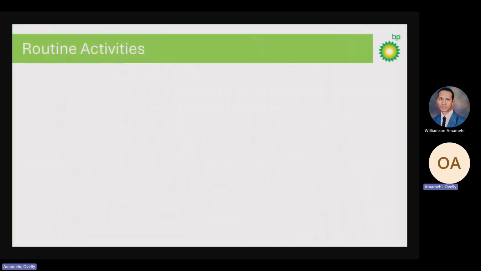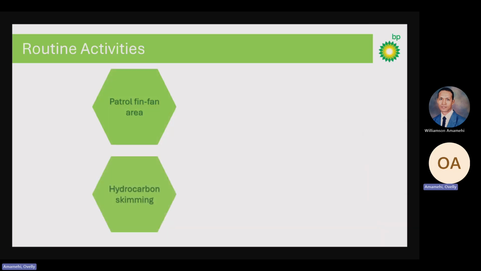And this is our routine activities. First of all is patrol of the FinFan area. So we have to look for belt vibration, misalignment, water hammer or something like that. And the second one is hydrocarbon skimming, to remove hydrocarbon or wax from the top layer of the rich amine.